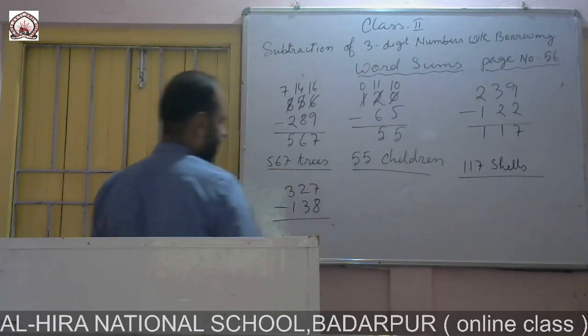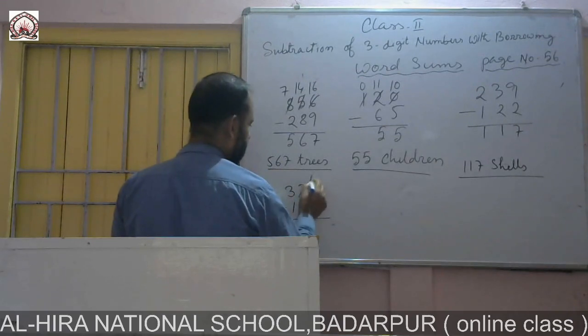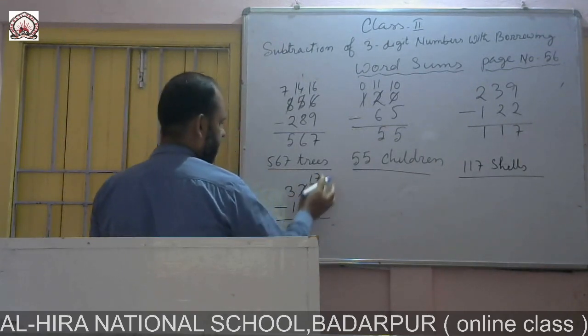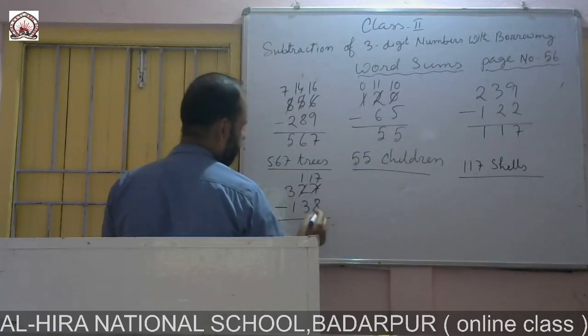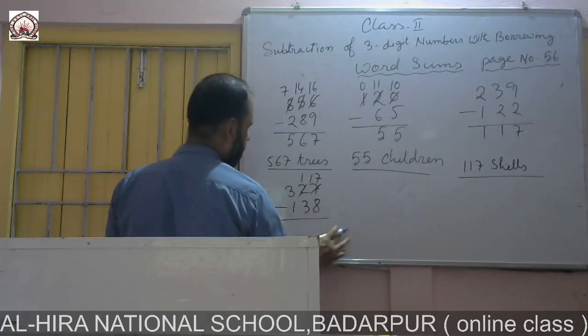7 minus 8 can't, then borrow 1, then there is 17. 17 minus 8 is equal to 9.